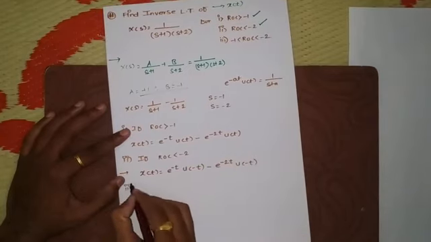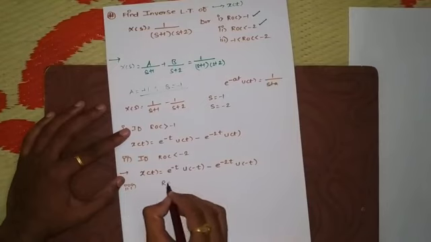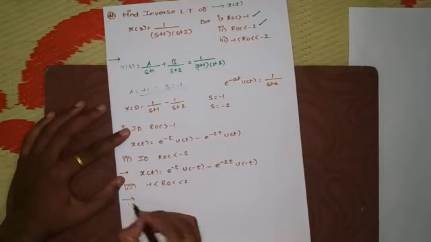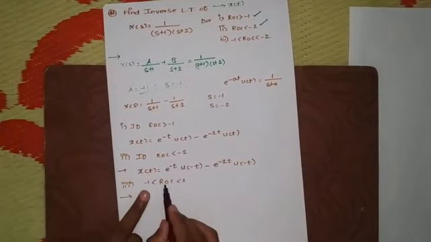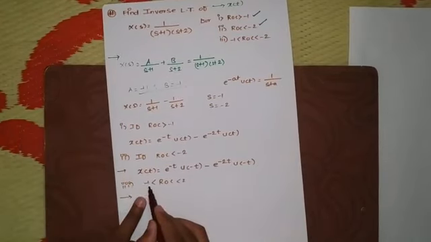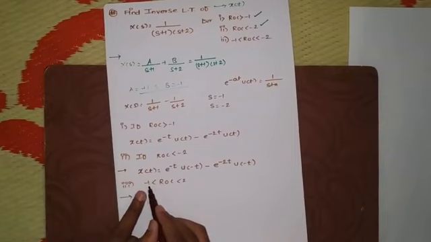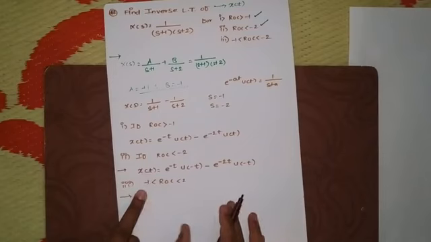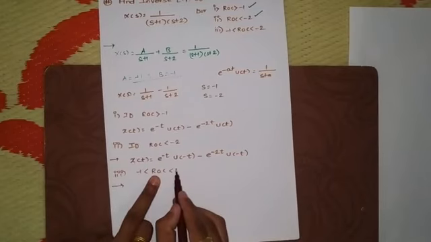And in the third possibility, they have given ROC is greater than minus 1 and less than minus 2. If you see here, ROC is greater than minus 1, that means corresponding to the pole at minus 1 the signal is right sided, and corresponding to minus 2 it is less than, that means it is going to be left sided.